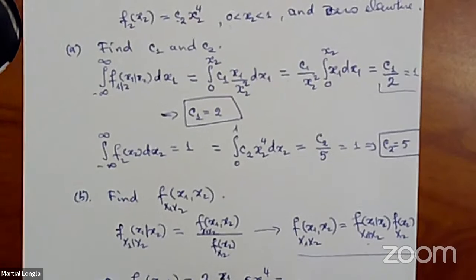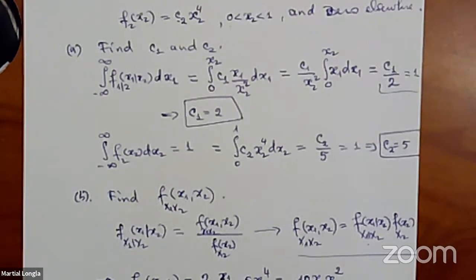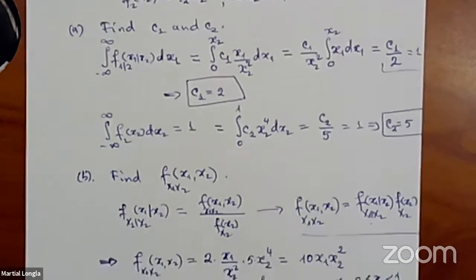So this thing is 10 x1 x2 squared when 0 is less than x1 less than x2 and 0 less than x2 less than 1, and 0 otherwise.